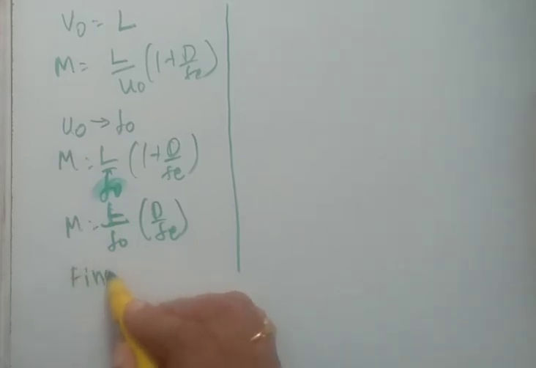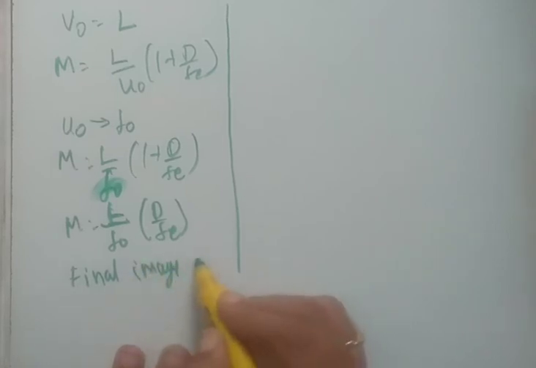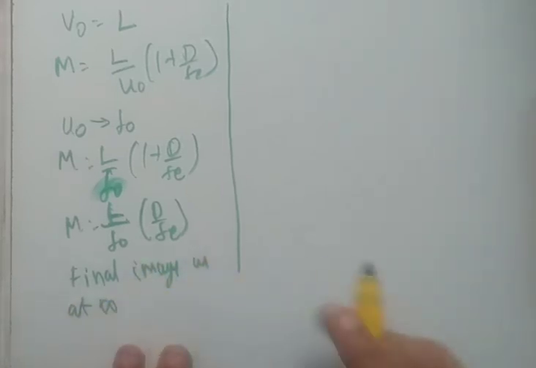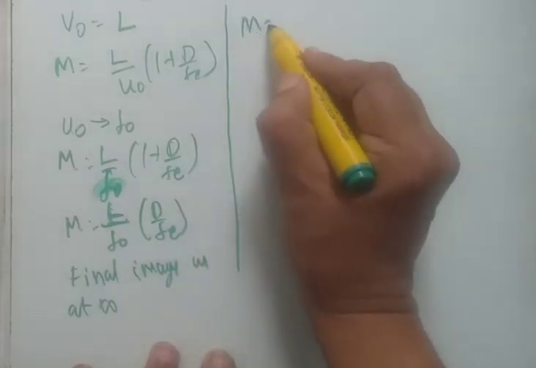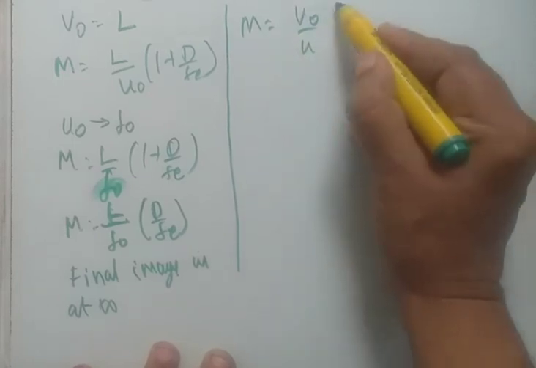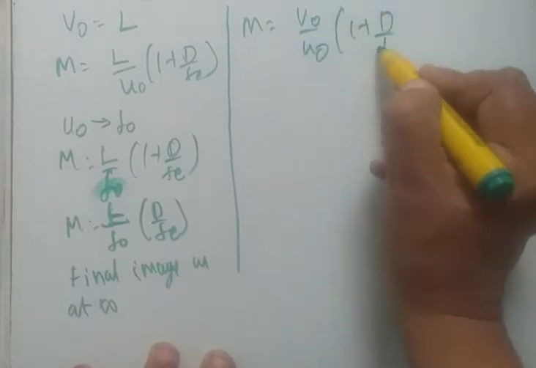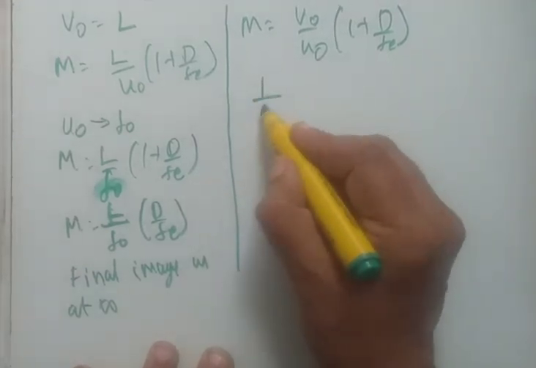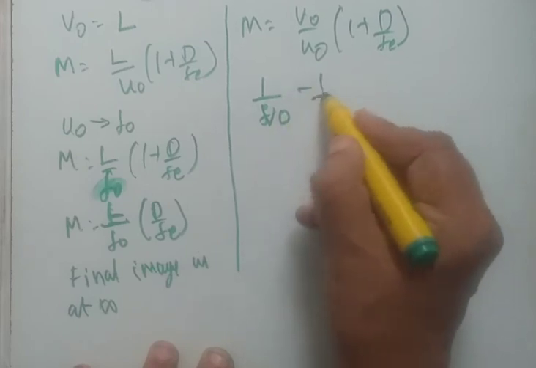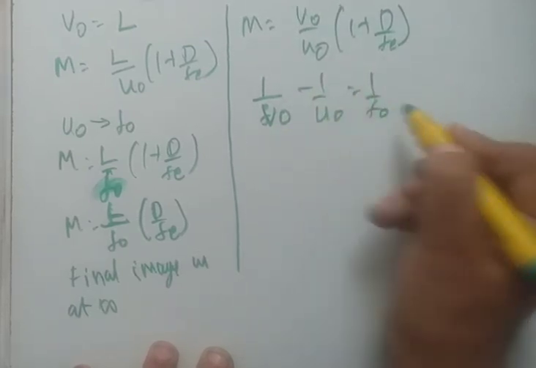This formula holds when the final image is at infinity and also the object is kept almost at, very near to, the principal focus of the objective. And we can also write it in a slightly different manner. By taking the original expression M equals VO by UO into 1 plus D by FE, we can slightly alter this. I can write 1 by VO minus 1 by UO as 1 by FO by the lens formula.